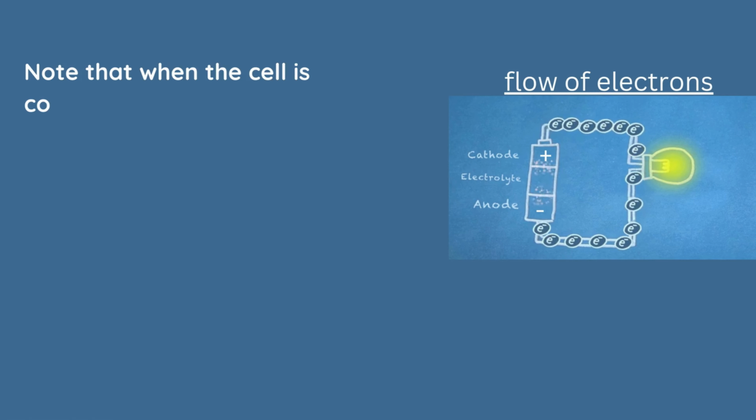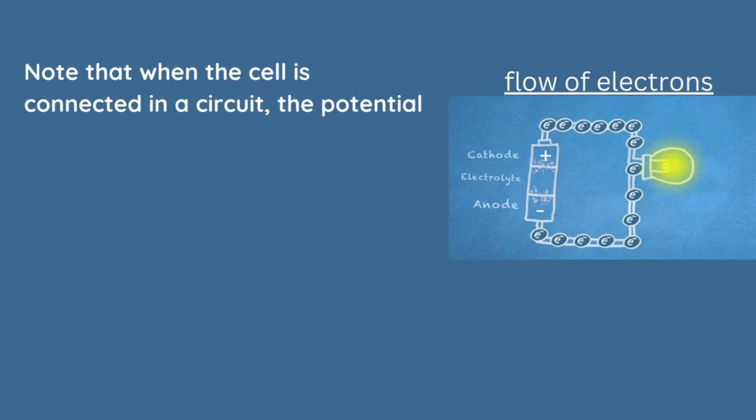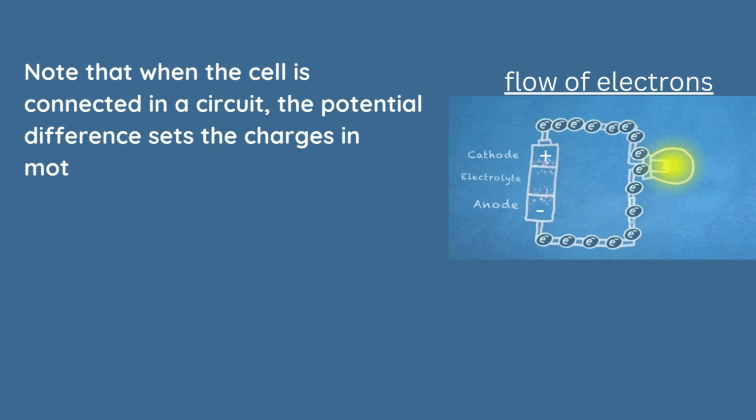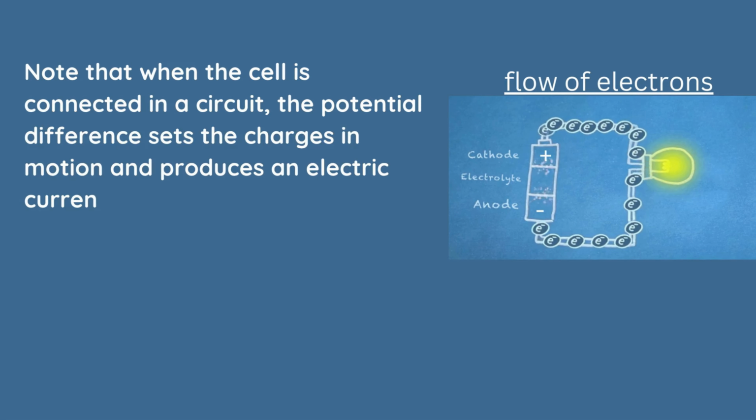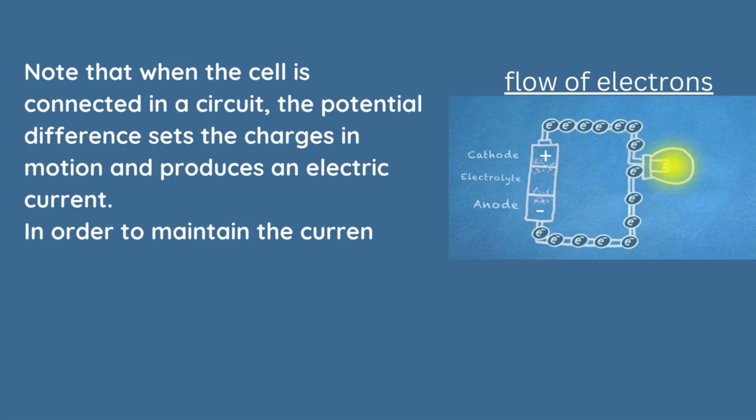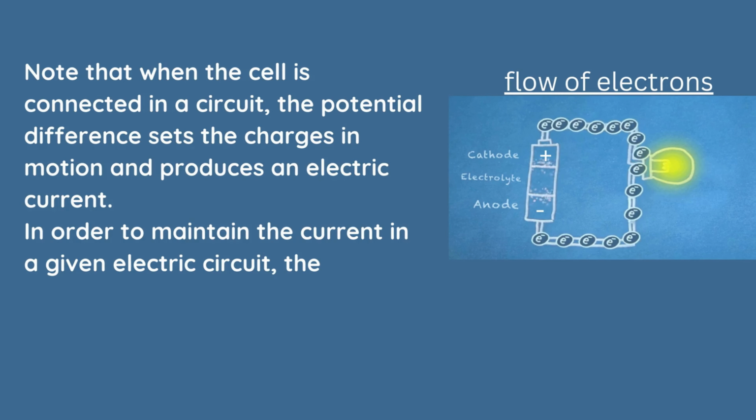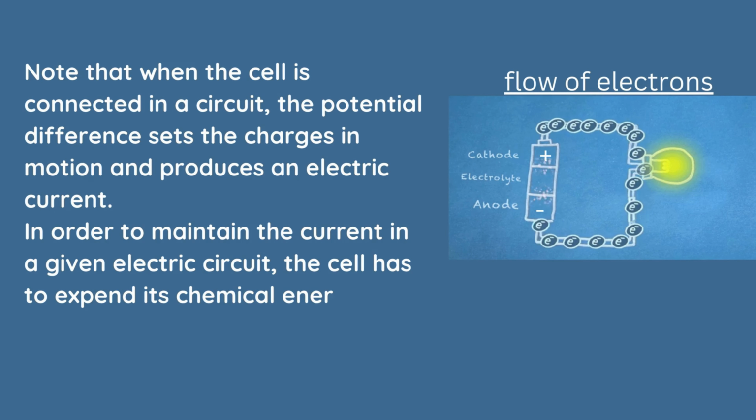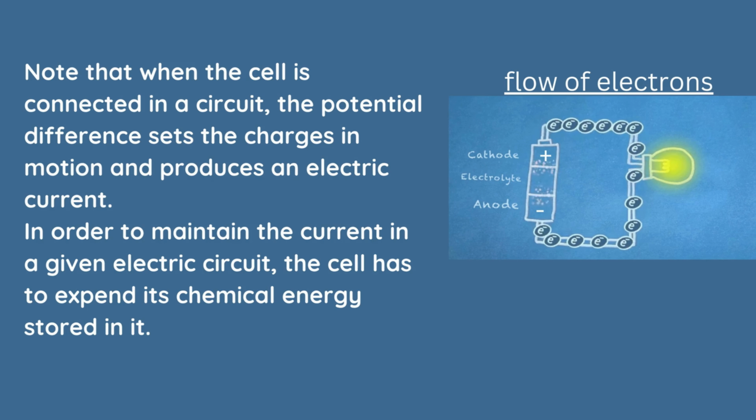Note that when a cell is connected in a circuit, the potential difference sets the charge in motion and produces an electric current. In order to maintain the current in a given electric circuit, the cell has to expend its chemical energy stored in it. Now let's see the definition of potential difference.